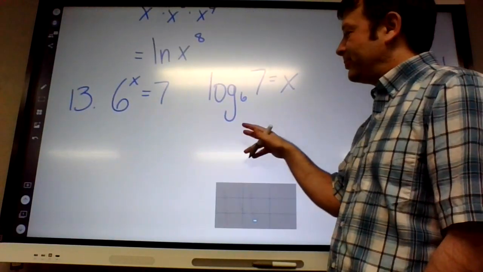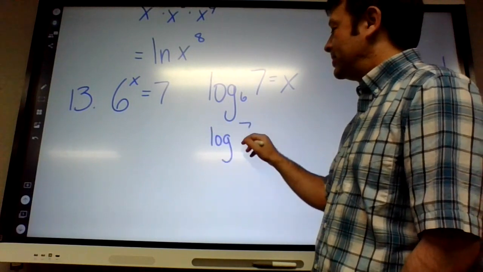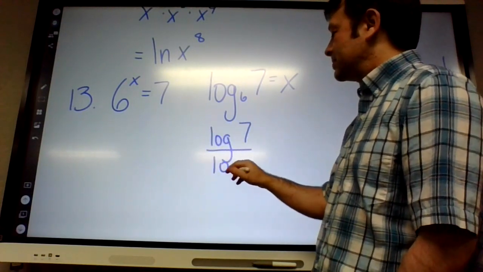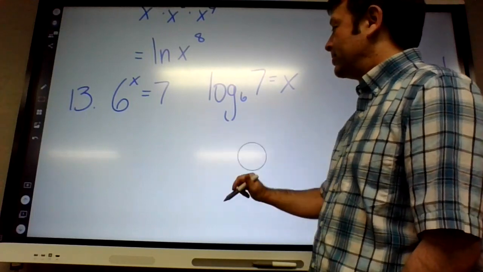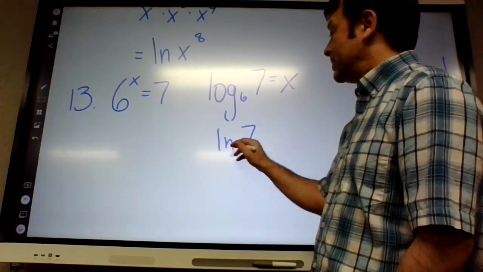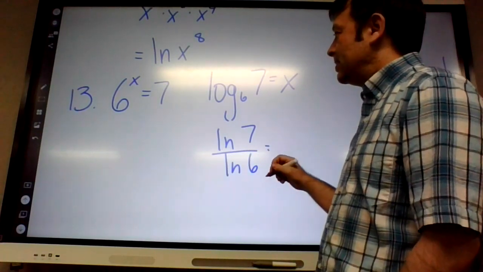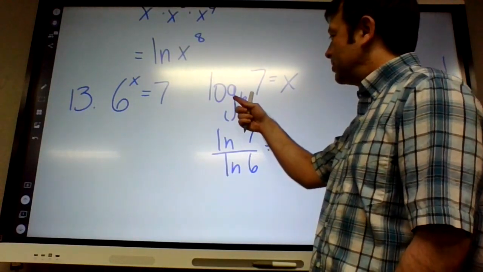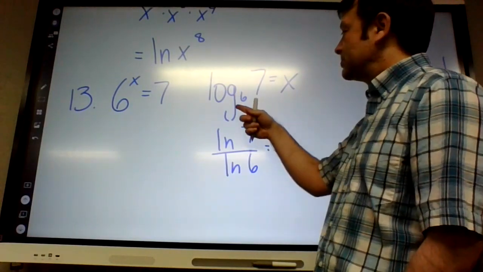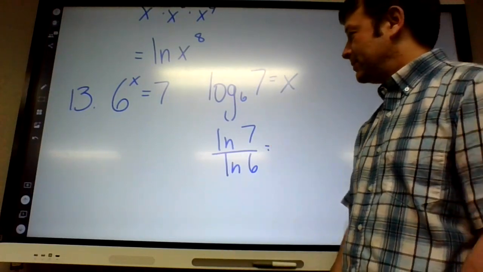Okay, so what they meant was, remember yesterday how we talked about you could plug in log of 7 over log of 6 to get your answer? Well, it doesn't really matter what base you use, so you could also do natural log of 7 over natural log of 6. That's what they meant. I don't really care though. I don't really see the point. So we'll just go for the answer here. So you can plug it in like that, or use the long way.